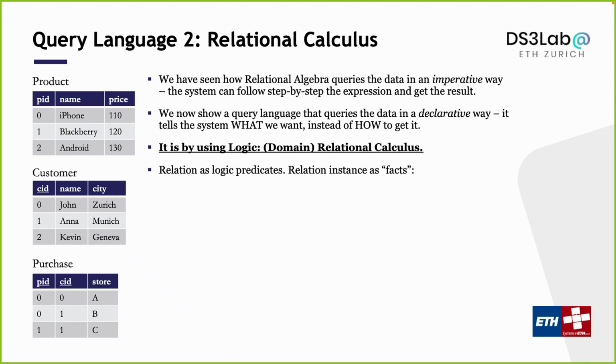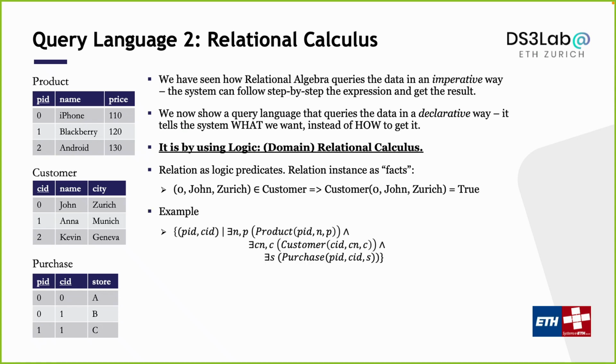So the high-level intuition is to map each relation in the relational model as a logic predicate, and relation instances as the collection of facts, or the interpretation of that predicate. So for example, if there's one tuple, right, 0, John, Zurich, that exists in the relation customer, it means that if you treat customer as a predicate, inside its interpretation there's a tuple 0, John, and Zurich. That's the connection. And once you take this view, you can write down your query as a logical formula.